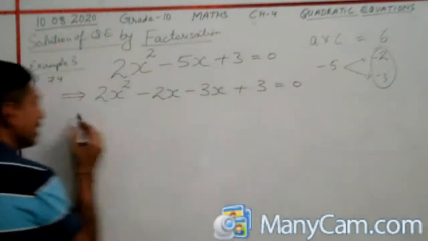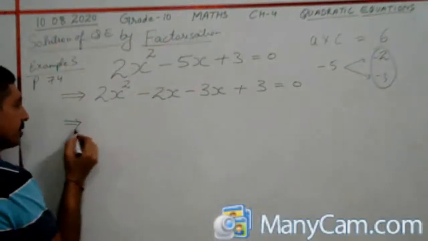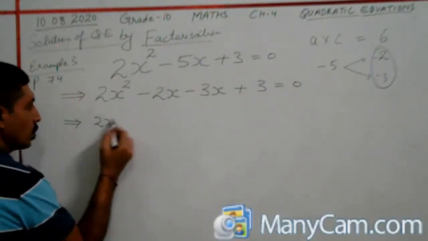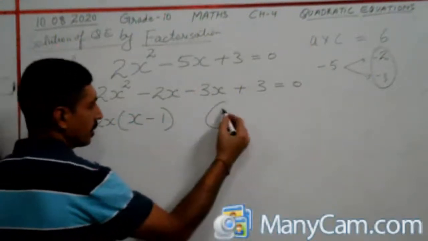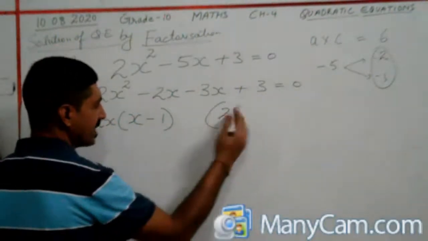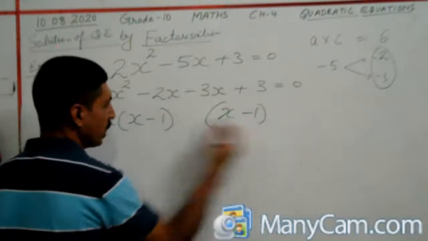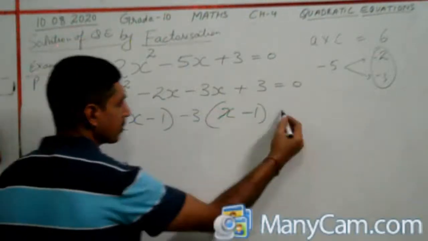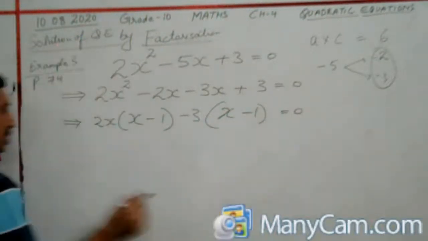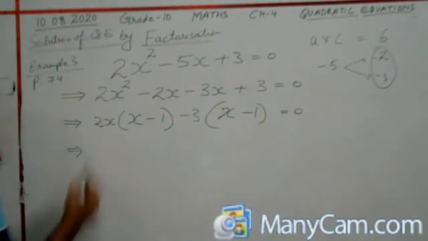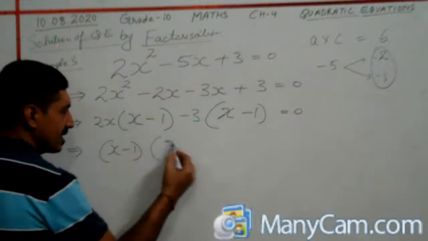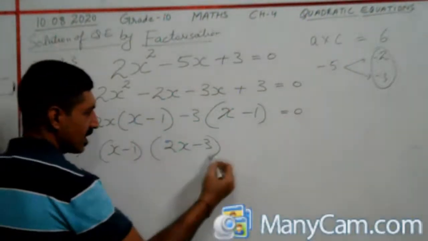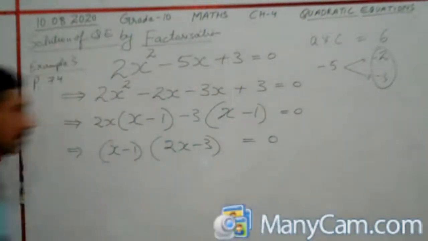So this further implies 2x, taking x common, x minus 1, and here it is minus 3. So this means we have two factors, x minus 1 and 2x minus 3, equal to 0.